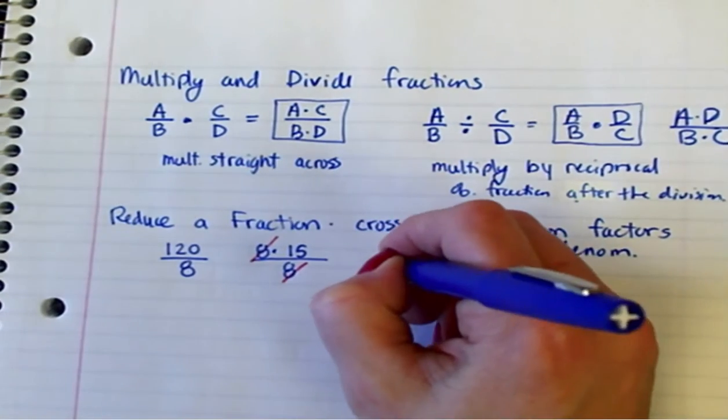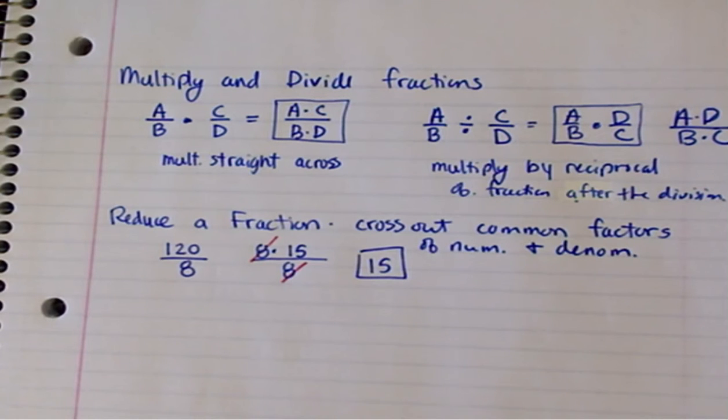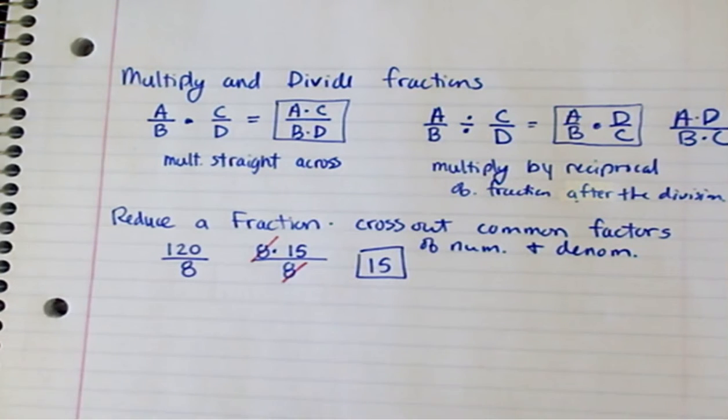So just 15. Notice that if you look at the first two lines, A, C, B, D, those things are multiplied. Those are common factors. And so when we multiply and divide, we're going to try to give the most simple answer, which means we have to reduce when possible.